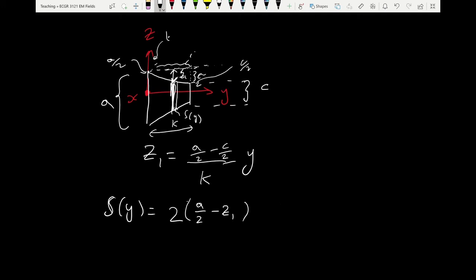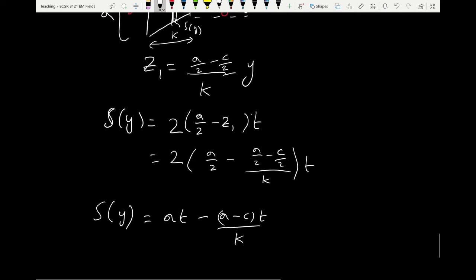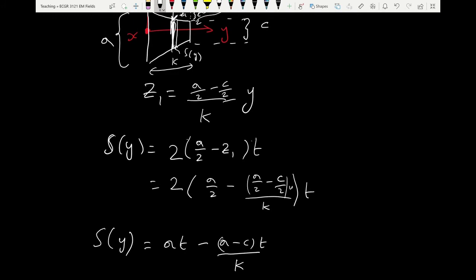This is the cross-sectional area, and I just plug it in. So it's going to be a over 2. What's z1? z1 is a over 2 minus c over 2, over k, times y. So I get the cross-sectional area as a function of y, I plug in 2 and t, I end up with at minus a minus c t over k. I missed something here. Oh, the y. There's a y here, right? Y.